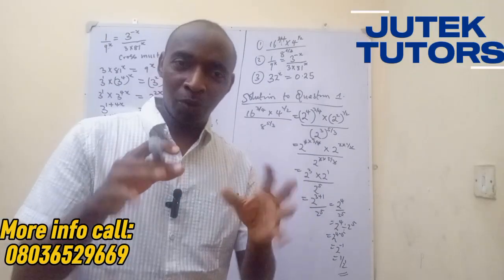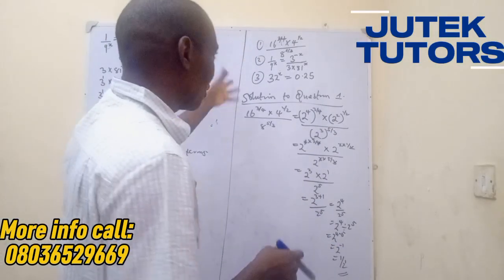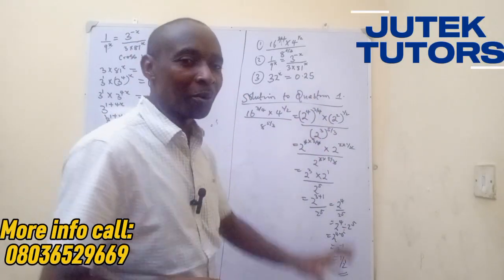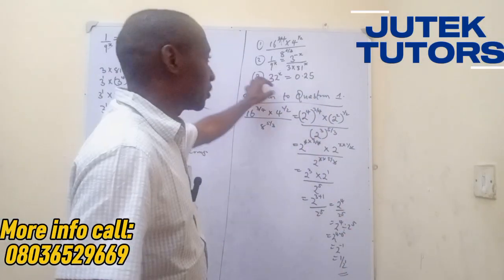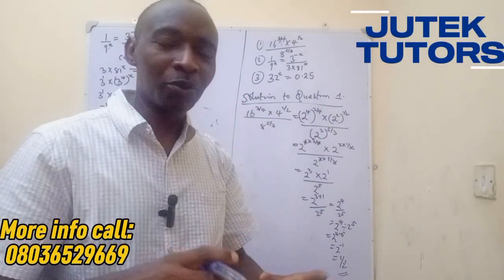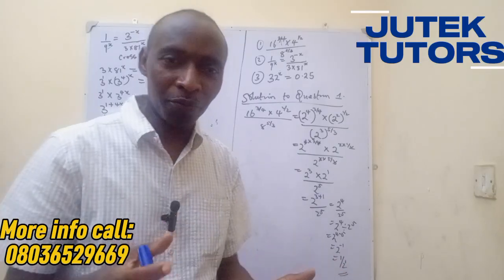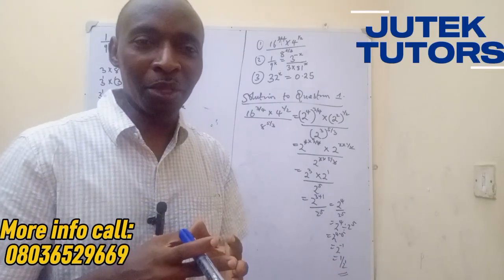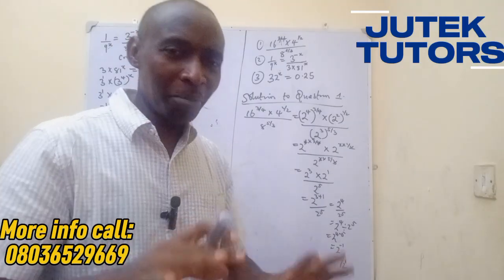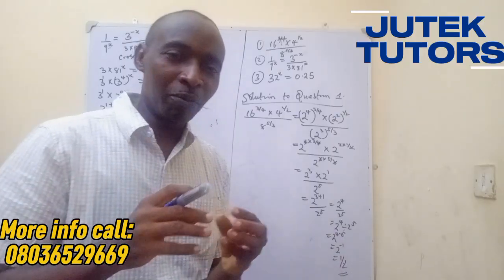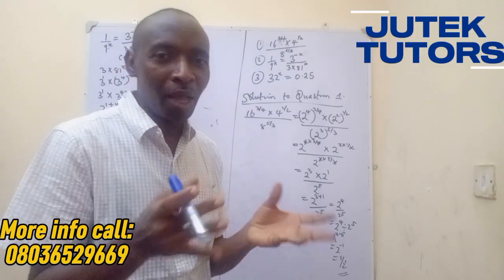So for today, we have solved 2 of the questions that we have on the board. I would like to leave question 3 for you guys to solve, and I want you to post it in the comment section. But before you do that, I want to give you a small hint on how to solve it.